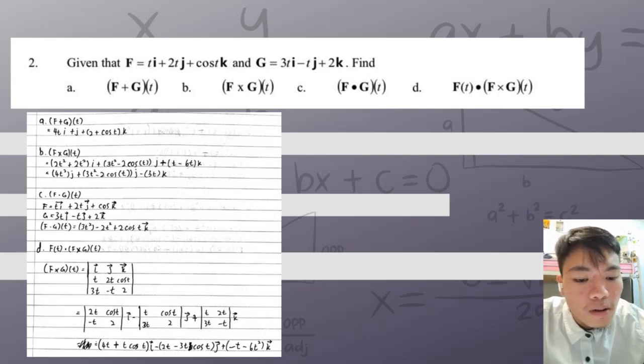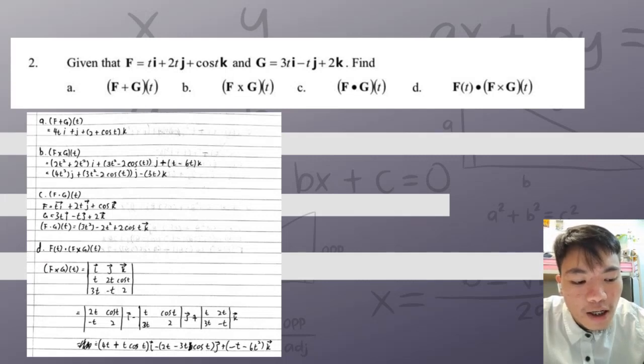Next, for B, we do the same thing as A. For the first step, we just copy the expression for f and the expression for g, and the second step is we combine them.